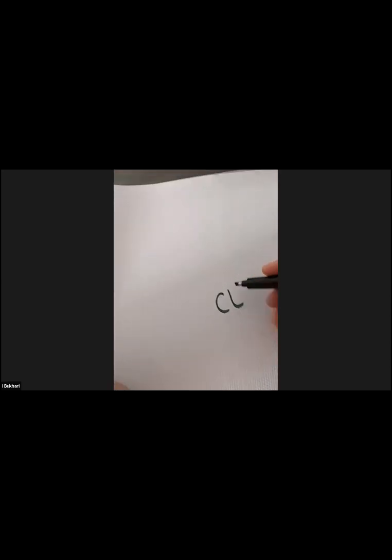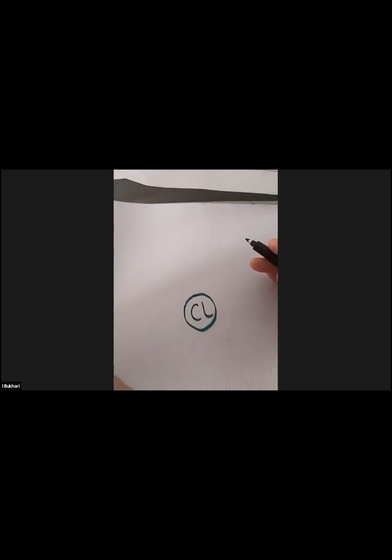I'm showing my video. Okay, this is chlorine. This is a chlorine atom. For example, this is the nucleus. Chlorine is in group 7, right? Have you guys done the periodic table? You must have done the periodic table, right?